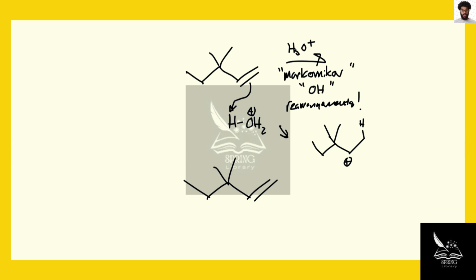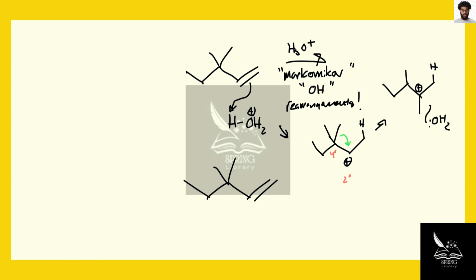But what happens is that when we form this carbocation, we have a secondary carbocation next to a quaternary center, and that is the recipe for methyl shifts or rearrangement, which brings us instead to this intermediate, and that's where water adds.